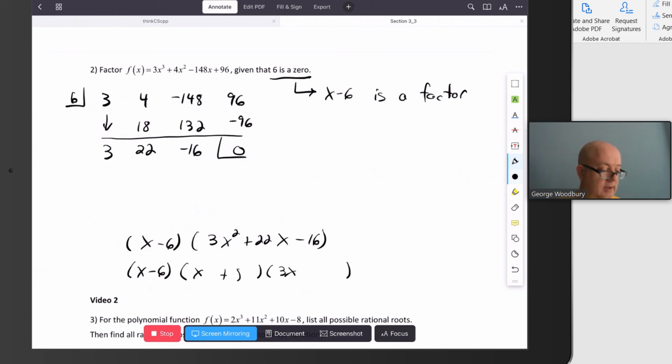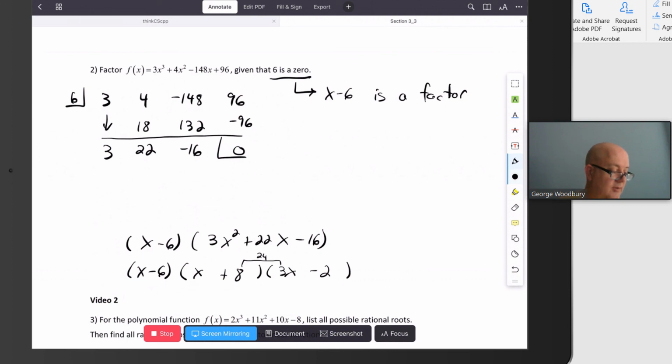And if I use plus 8 and minus 2, that actually works. x times 3x is the 3x squared, and 8 times negative 2 is the negative 16. What I really need to check is, do I get the middle term? 8 times 3x is 24x, and x times negative 2 is negative 2x. 24 and negative 2 make a positive 22x. So that is the factored form.